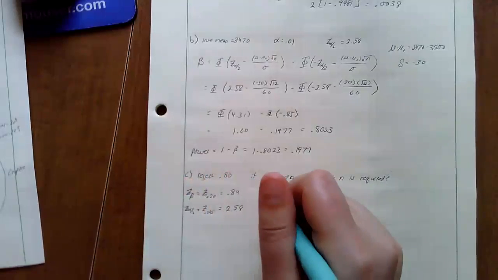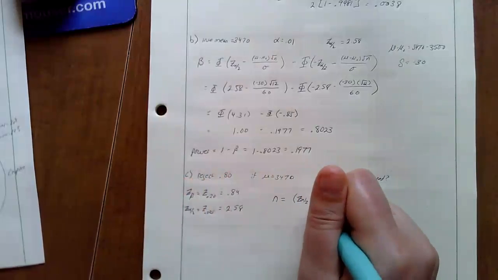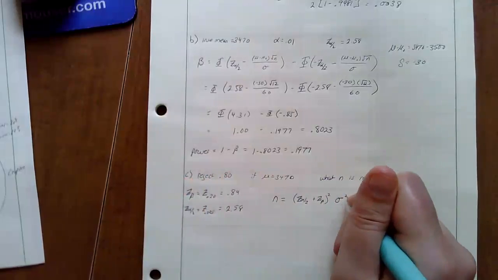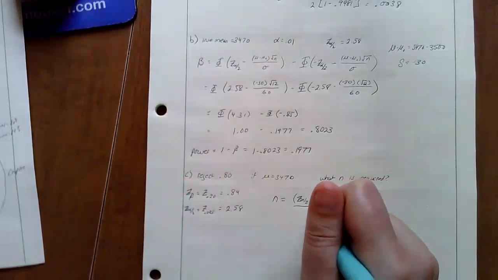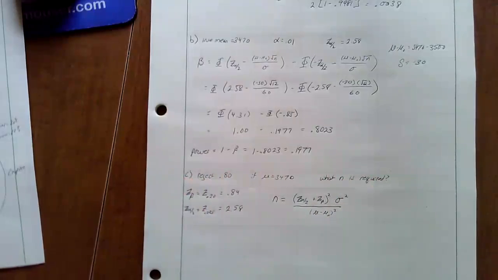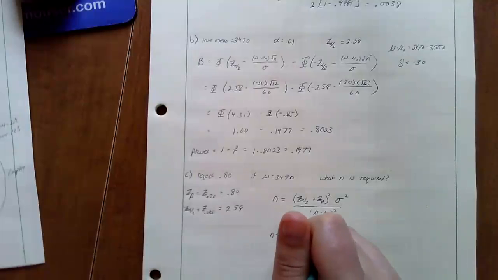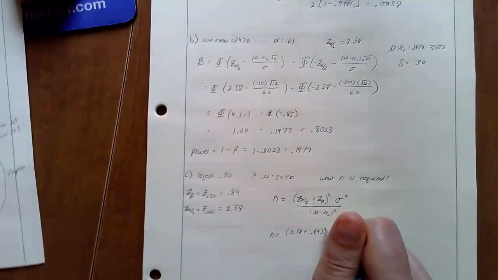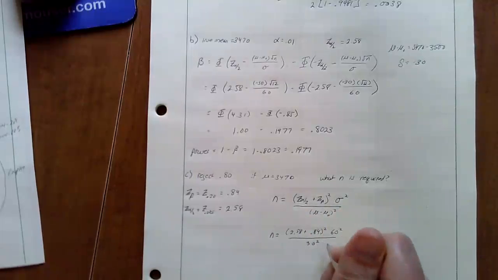And so the formula for sample size is that you can find the sample size by taking the z of the alpha over 2 plus the z of beta, squaring those, multiplying them by the variance, or sigma squared, and dividing by the difference of the means squared. And so what we have when we actually fill in those numbers is we have 2.58 plus 0.84 squared times 60 squared over 30 squared.